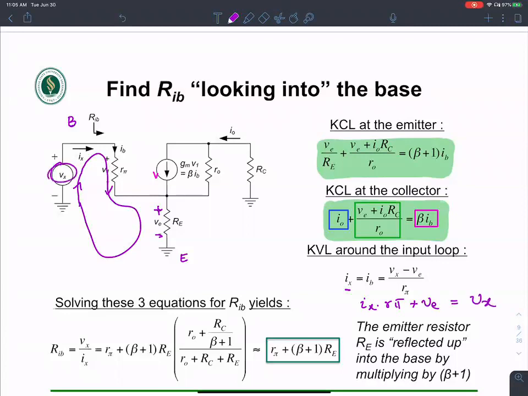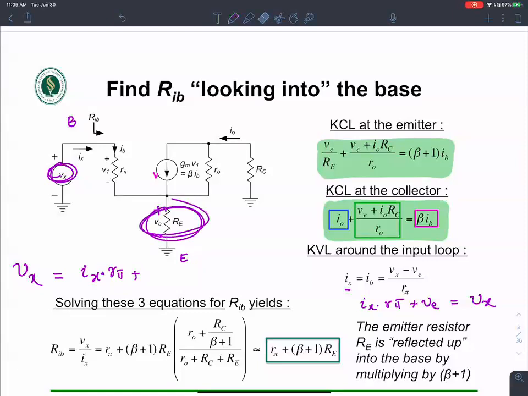The total voltage that is applied, Vx, should equal Ix times R pi plus the voltage dropped across this resistance, which is VE. So rearranging that, I have Ix equals Vx minus VE over R pi. So that's the idea of the KVL around the input loop.